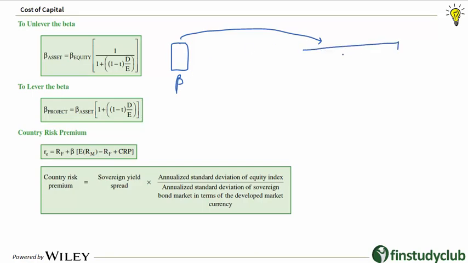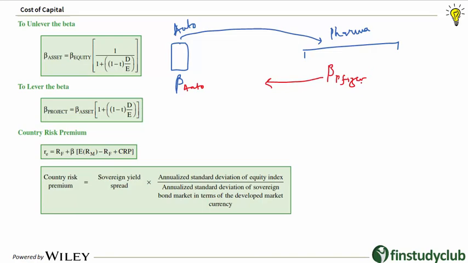So if there is a capital budgeting exercise that I have to do, say an automotive company wants to get into pharma, the beta of automotive will not be helpful, because pharma will have a different industry risk. So we look at a proxy, another company such as Pfizer, and we decode the industry out of it. We'll modify this beta so that I can use it for my particular project.